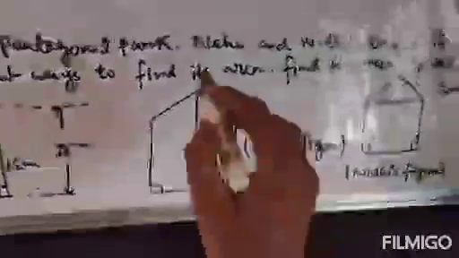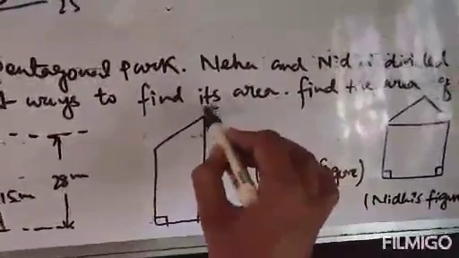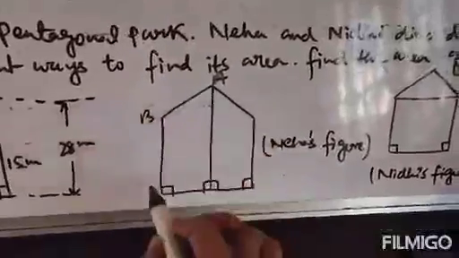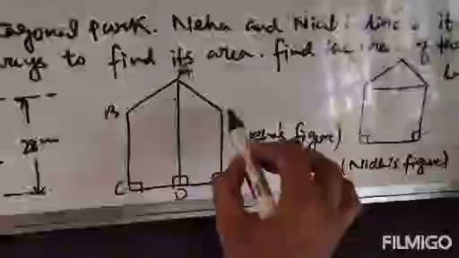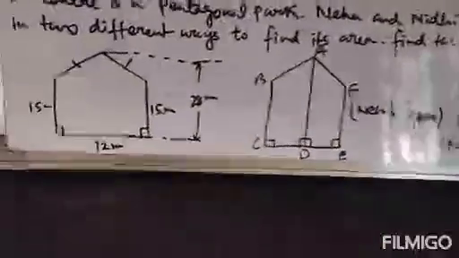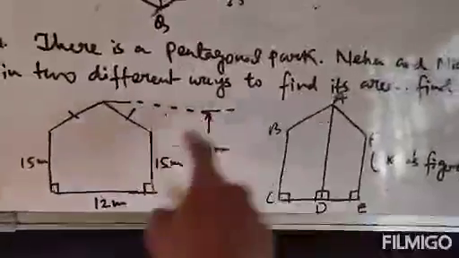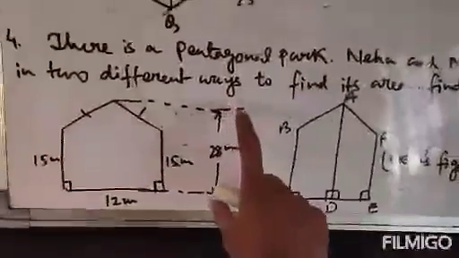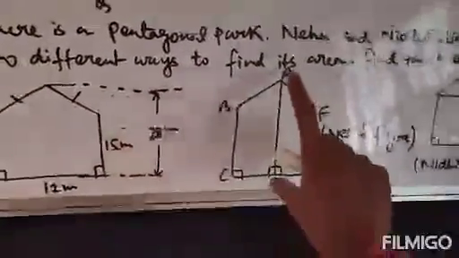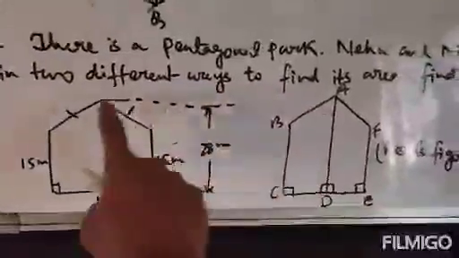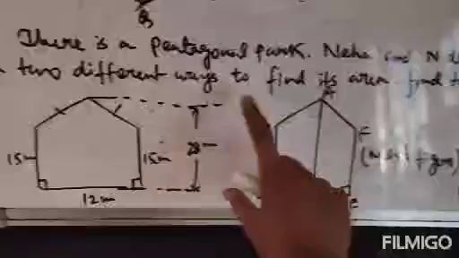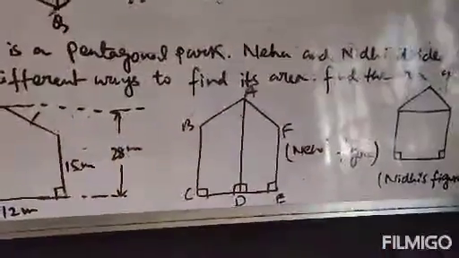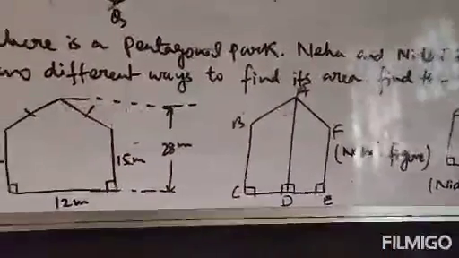So let this point be A, this point B, this C, this D, this E, and this F. So A, B, C, D, E, F. Clear? Now see the lengths: this portion is 28 centimeter, that means AD is 28 centimeter.